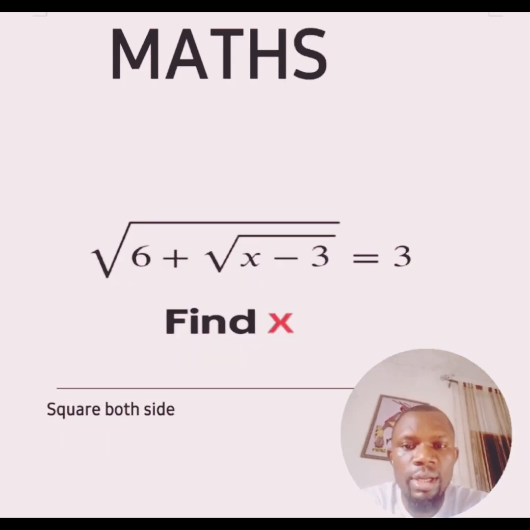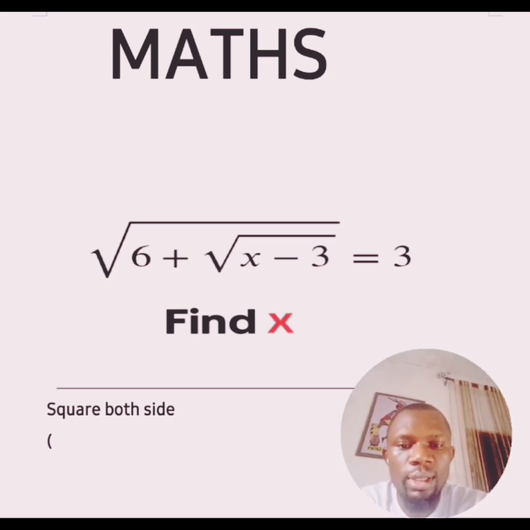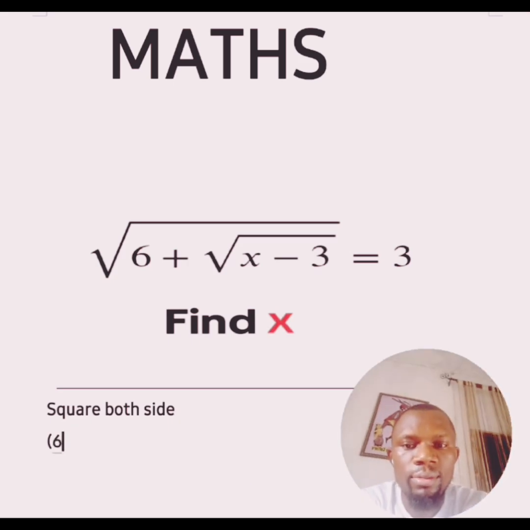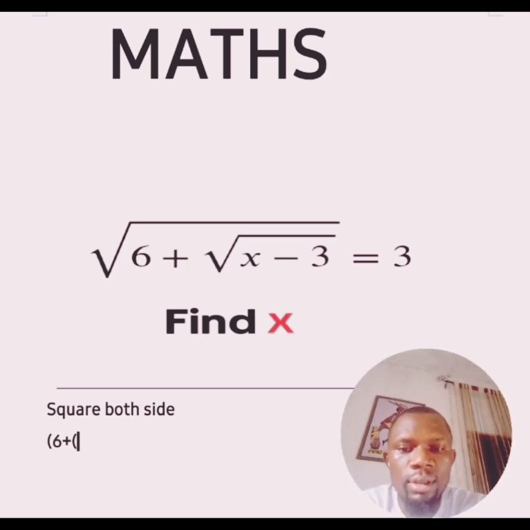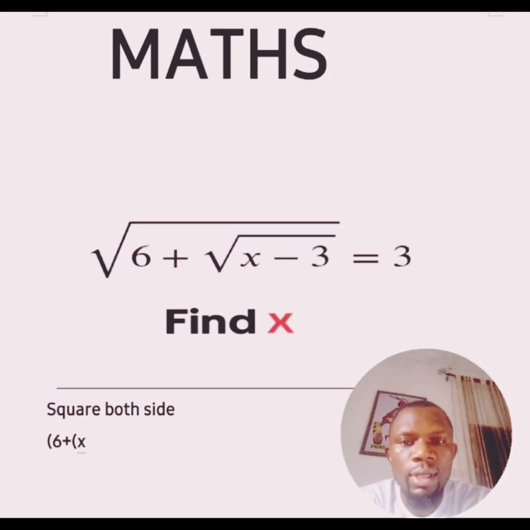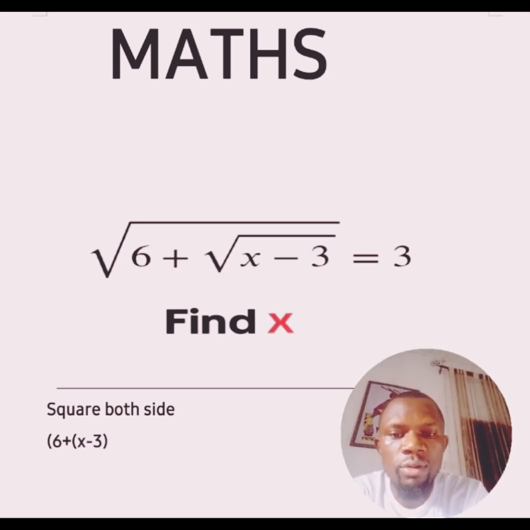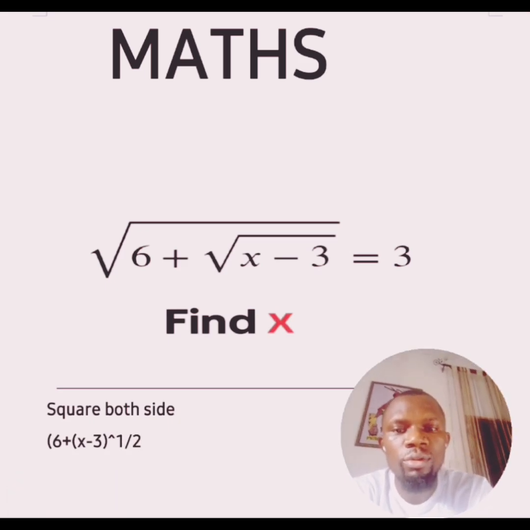What will you have? I'll open brackets: open bracket 6 plus open another bracket x minus 3, close the bracket. I'm using this as my square root, raised to the power of 1 divided by 2, which is the same thing as square root.